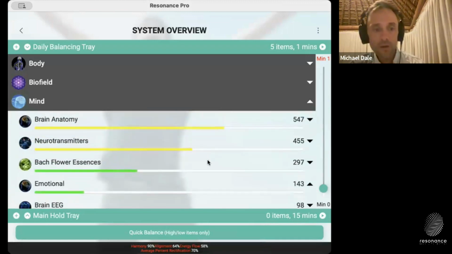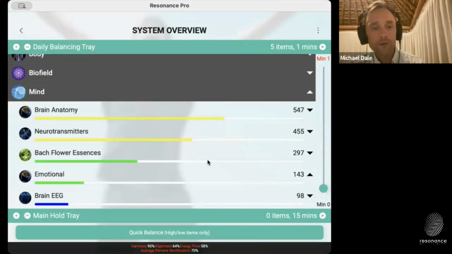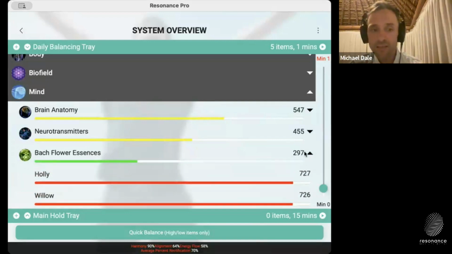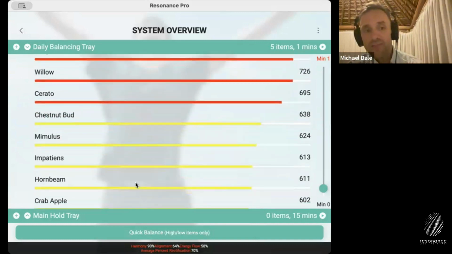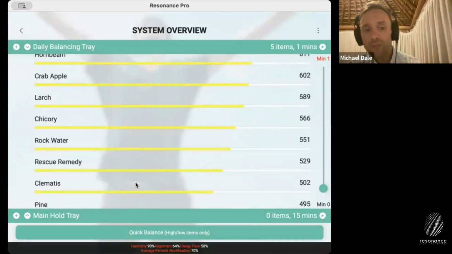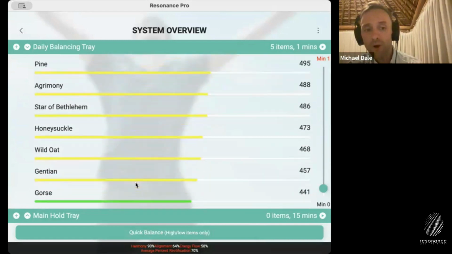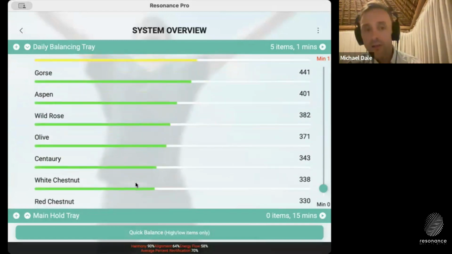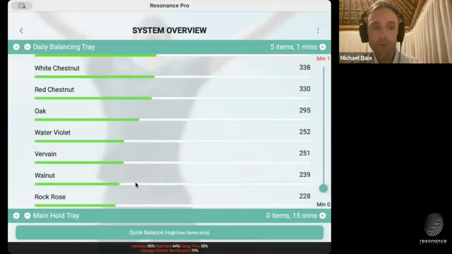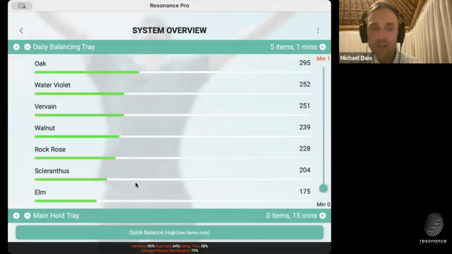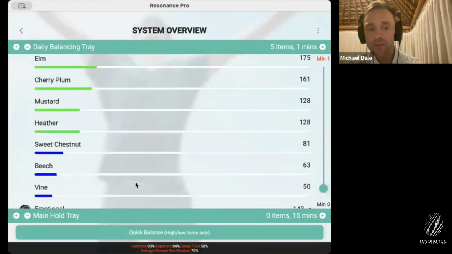For example, looking into Bach flower essences, which is a whole interesting body of homeopathic remedies. And each of these Bach flower essences has a very specific correlation with certain well-being markers related to anxiety, depression, sleep problems, stomach issues, all these kinds of things.